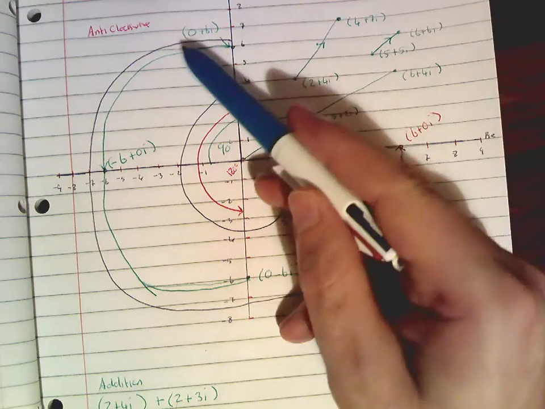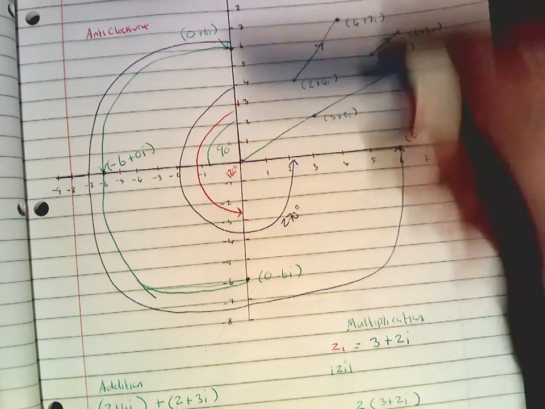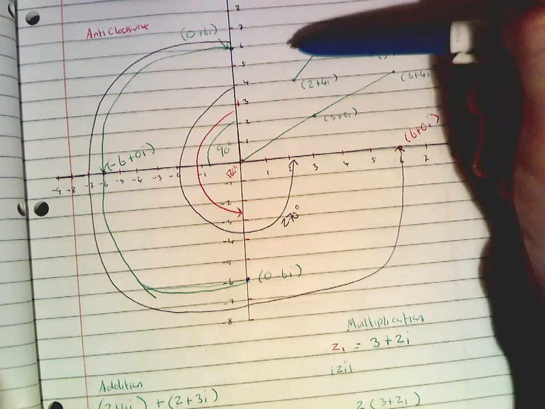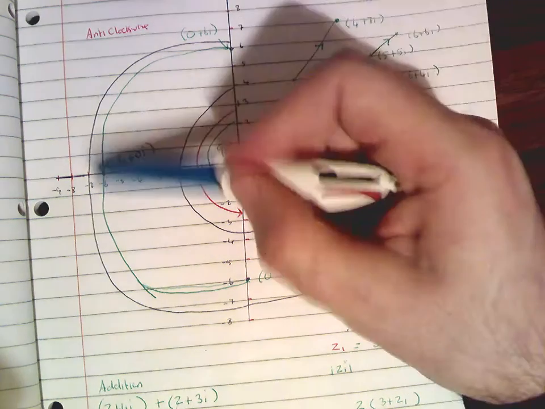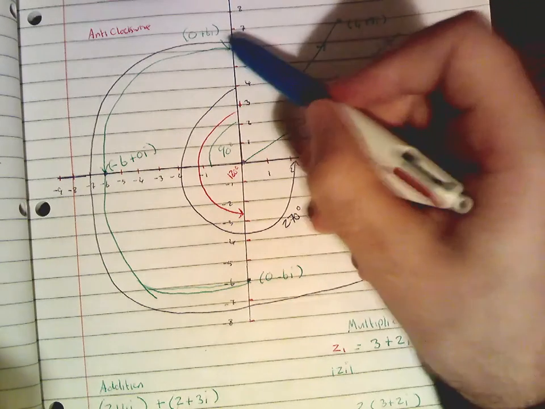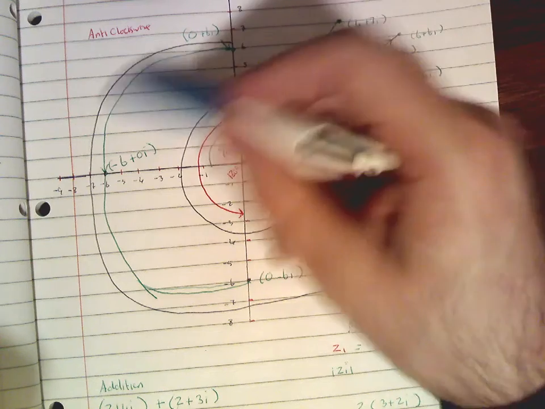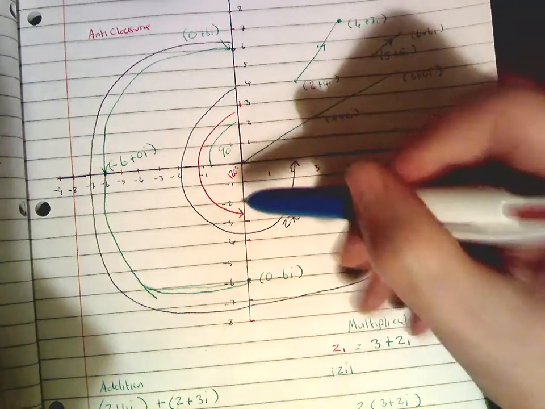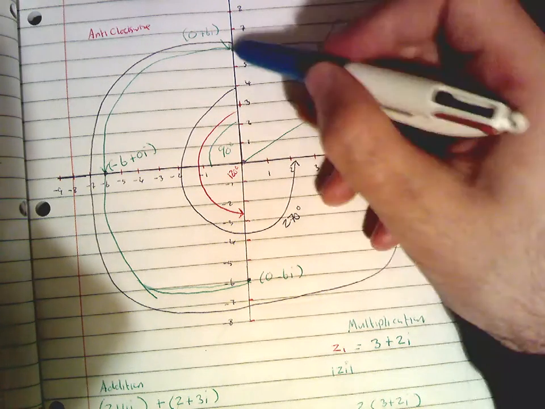And this is what happens basically when you multiply a complex number by i. Wherever a complex number starts off on the diagram, in our case up here, if you multiply it by i, it rotates it anti-clockwise by 90 degrees. If you multiply the same number by i squared, it rotates it 180 degrees, so it ends up, for example, down here.